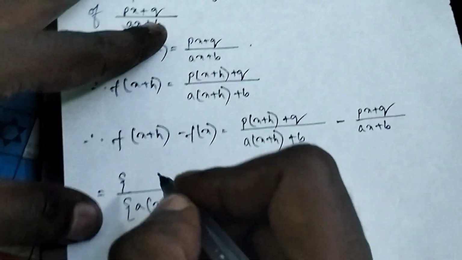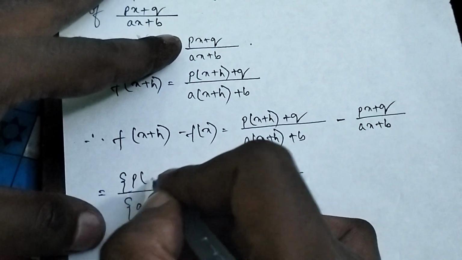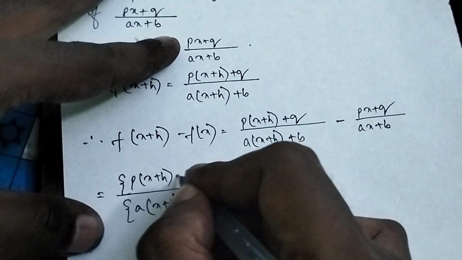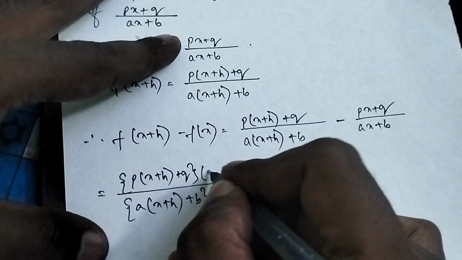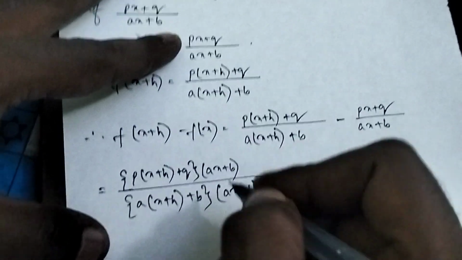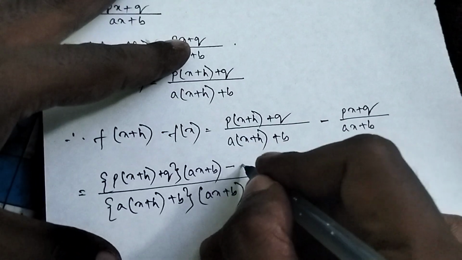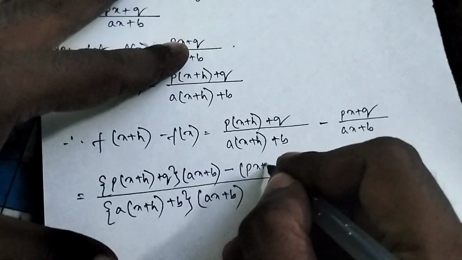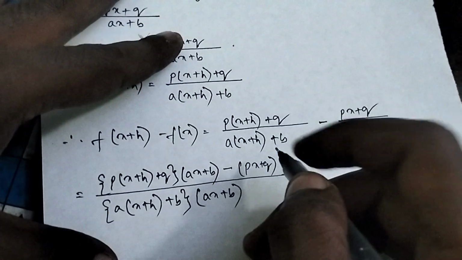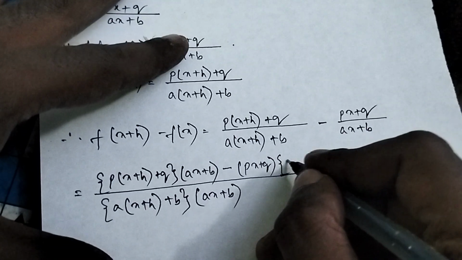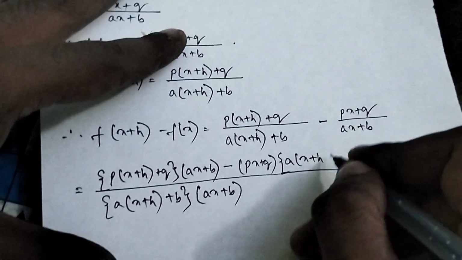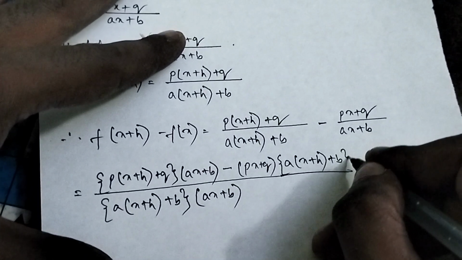And in the numerator it will be p into (x + h) plus q, into (ax + b), minus (px + q) into a into (x + h) plus b.